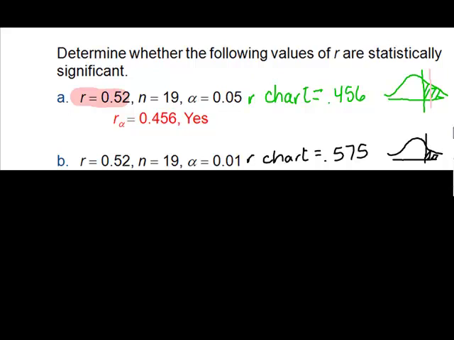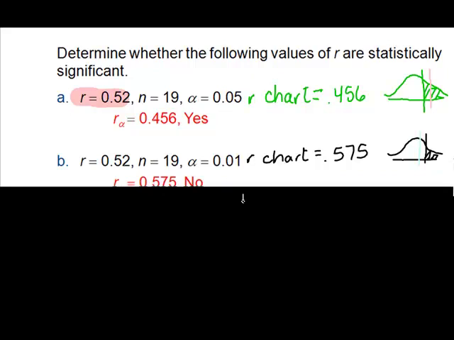My calculated value of 0.52 would be back here. Do I have significance? In other words, is the calculated in the critical region? No.